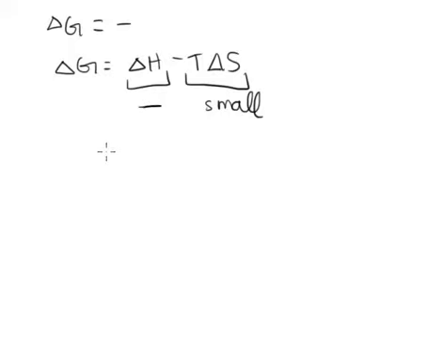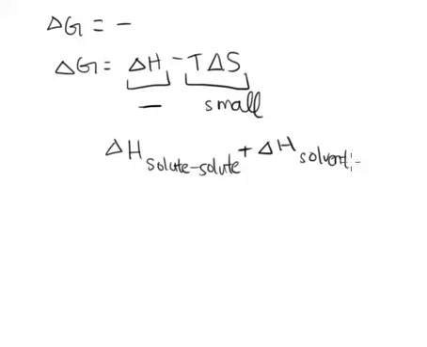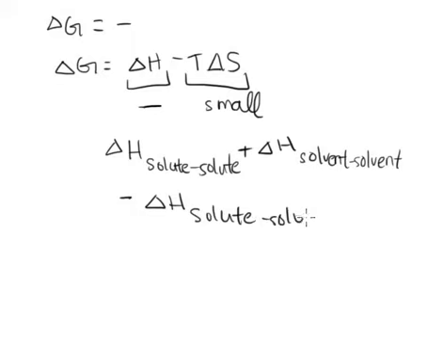So if you look at delta H, for the solvation, it's delta H of the solute, plus delta H of the solvent, minus delta H of the solute-solvent interaction, right?